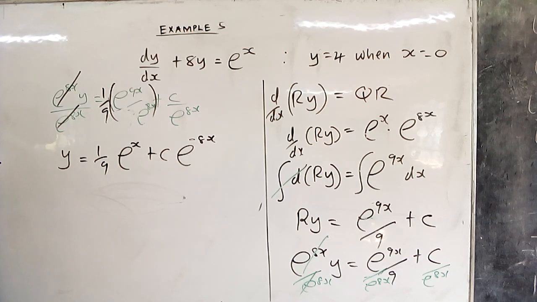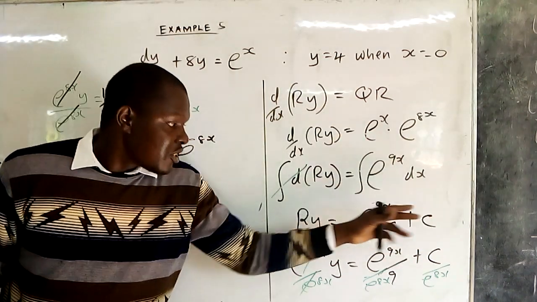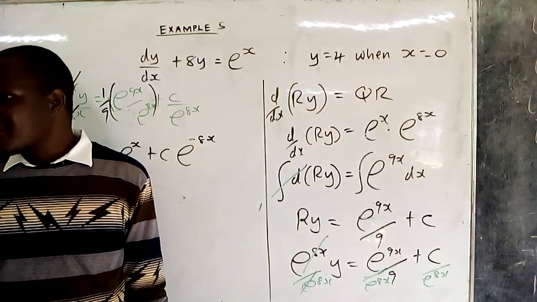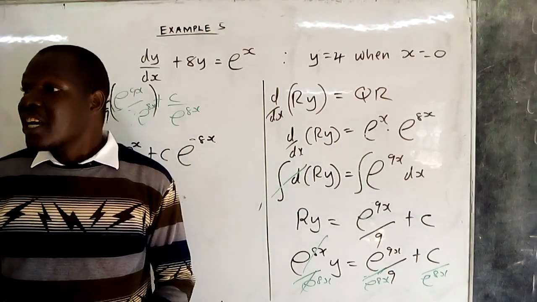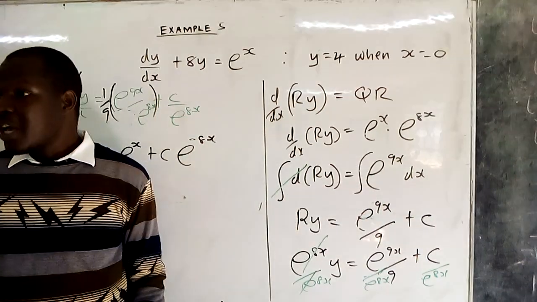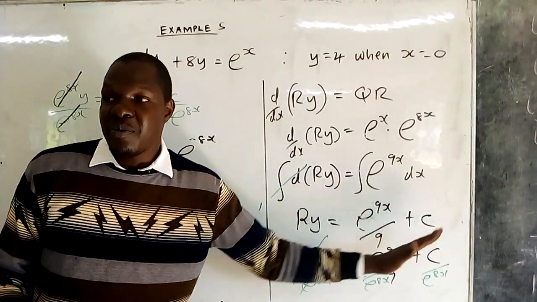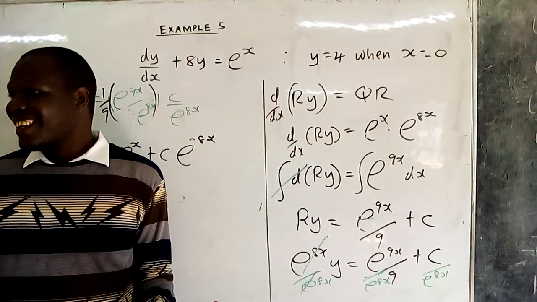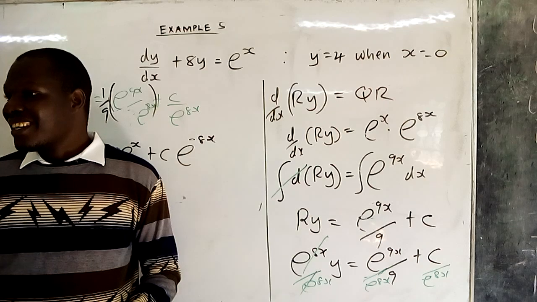Yeah. But I'm saying you just leave it as a constant c because here we had a product of y and r. Y does not have an exponential function. So we just leave it as c. If it is ln of c, all the terms must be ln. If it is exponential c, all the terms must be exponential, but y was not exponential, so you just leave it as c. It is understood, isn't it?